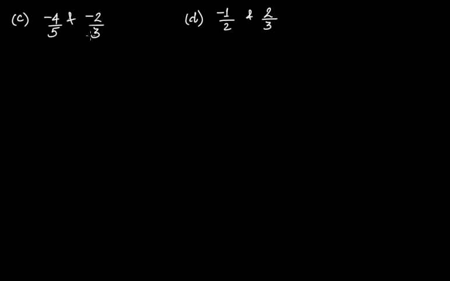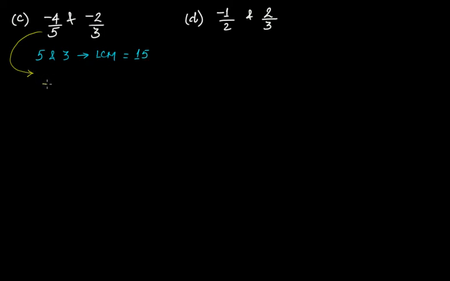For that, what's the denominator here? 5. What's the denominator here? 3. 5 and 3. Find their LCM, least common multiple. Least common multiple of 5 and 3 will come as what? 15.